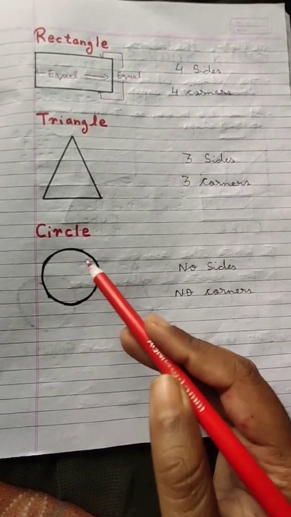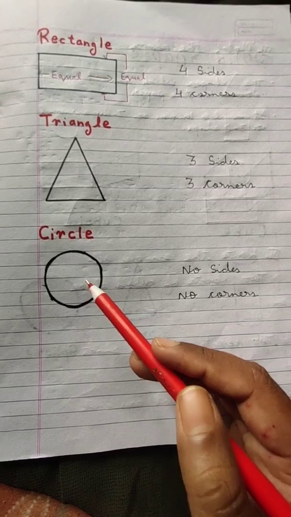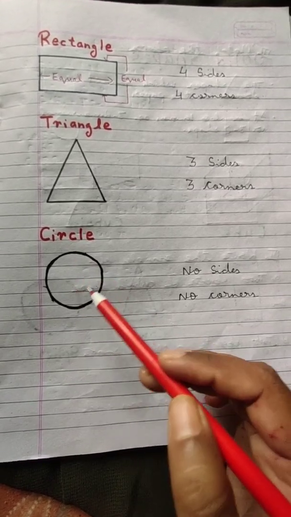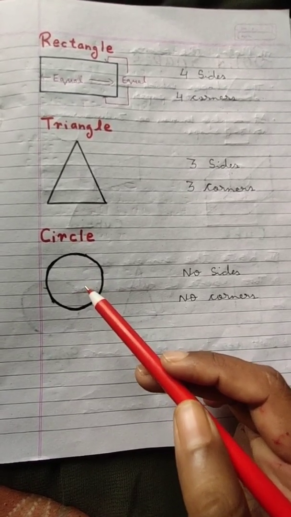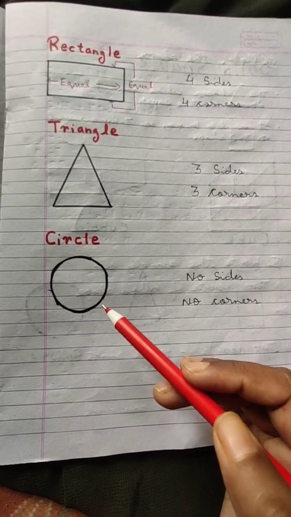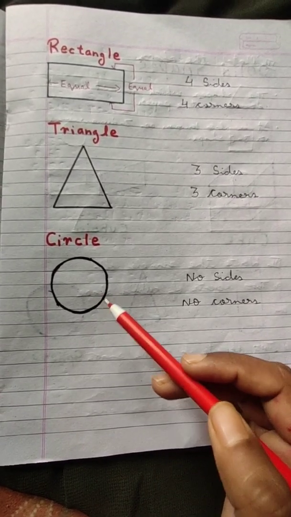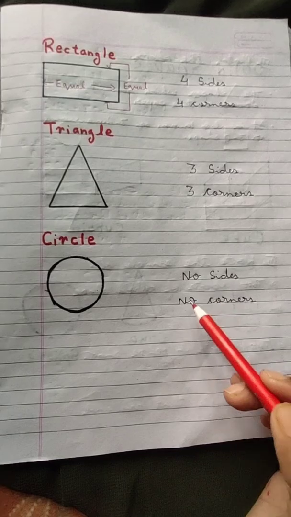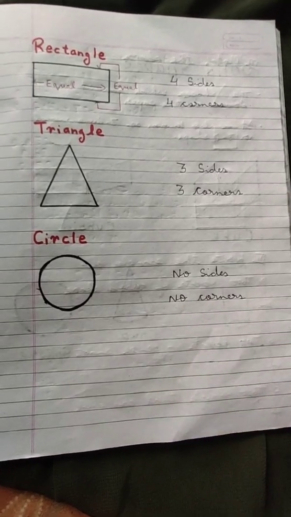Circle. This is the shape of a circle and it is round in shape. So a circle does not have any sides and corners. It has no sides and no corners.